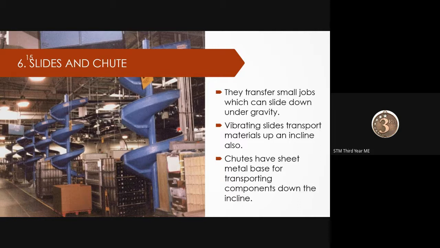In the case of a semi-solid or sludge state, due to friction, there will always be remaining products or materials present over the surface of the chute or slide. This is undesirable, and hence, to transport such products to our final location, we use a vibrating type of chute or vibrating type of slide. Okay, so those are slides and chutes.